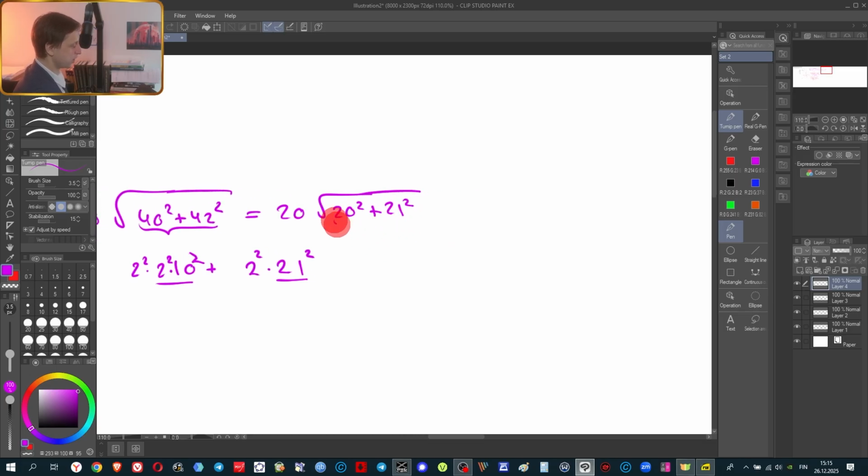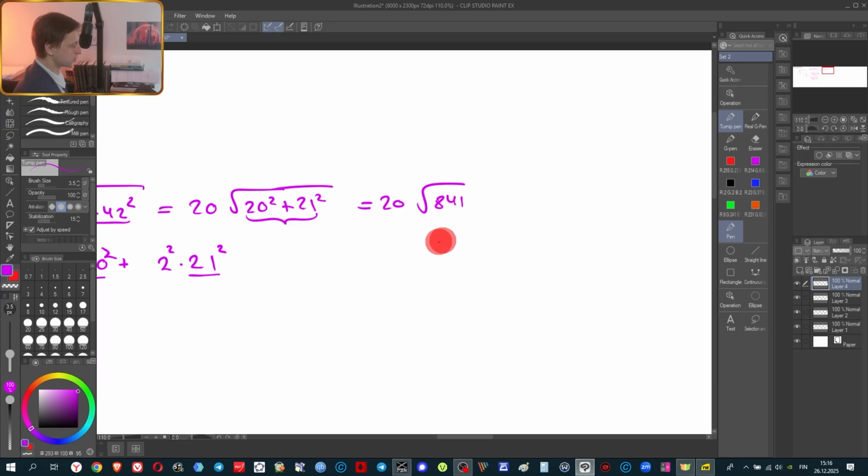these numbers. And when you add this, it will be 400 plus 441, it will be 20, 841, and 841 is very close to 30 squared. 30 squared is 900, and obviously you can notice that this one is simply 29 squared.